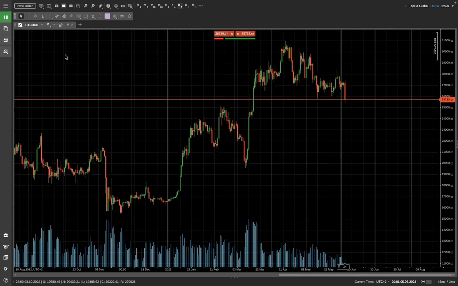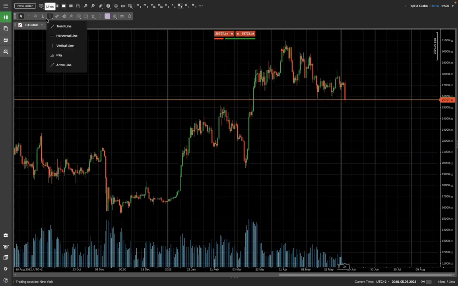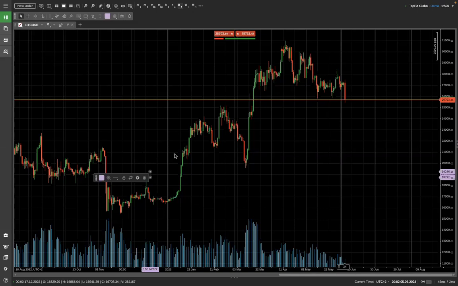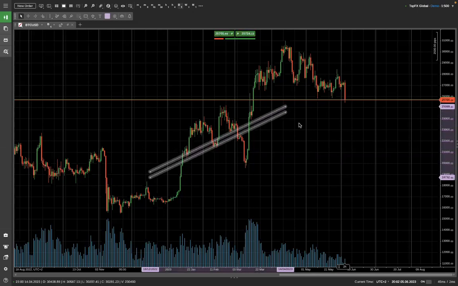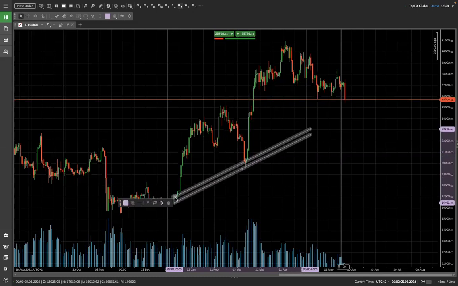It's CFD. There is, of course, an icon telling you that the equidistant channel is here. So this is the third after the lines. So you click on the equidistant channel and you can draw this very nice channel on your chart.